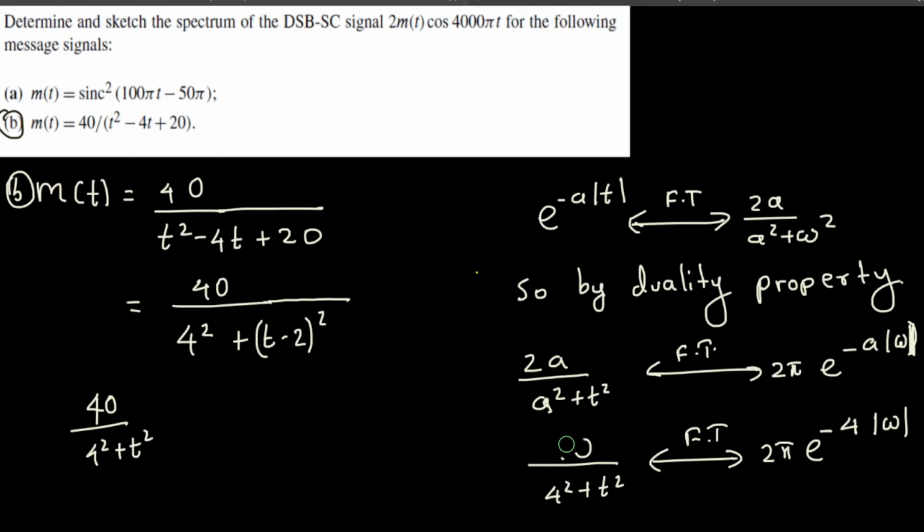So if a is 4, then what value multiplied by 2 gives me 40? Not 50, not 25. 25 multiplied by... no, I have to get 40, so 10 basically. Okay, a is 4, 2 times a.